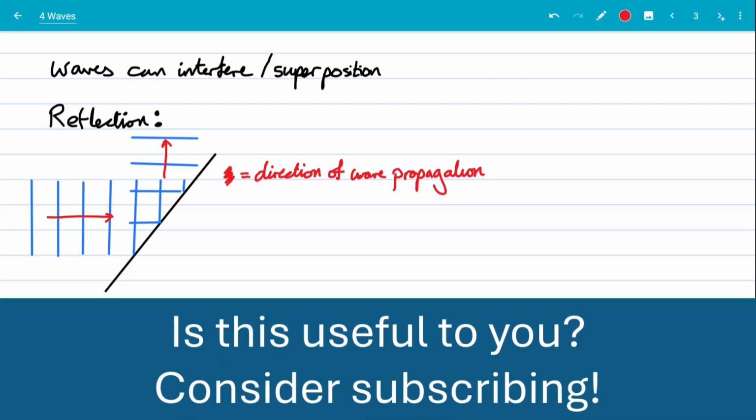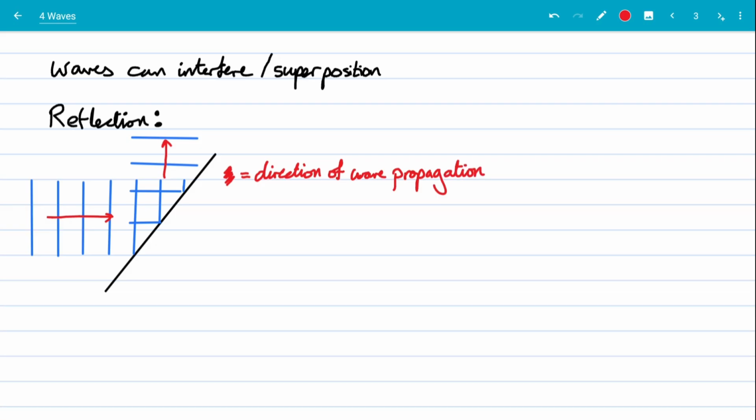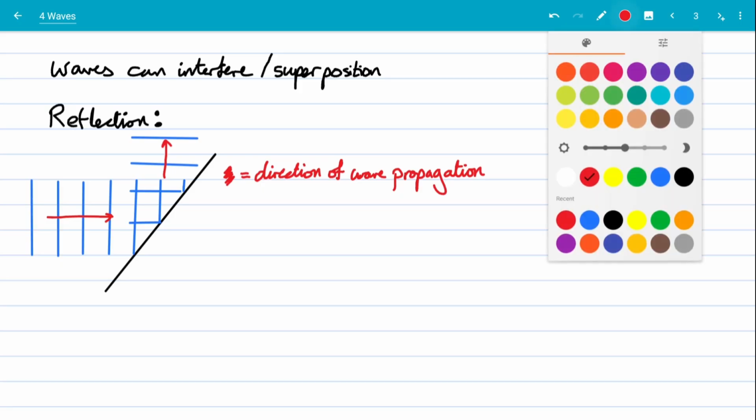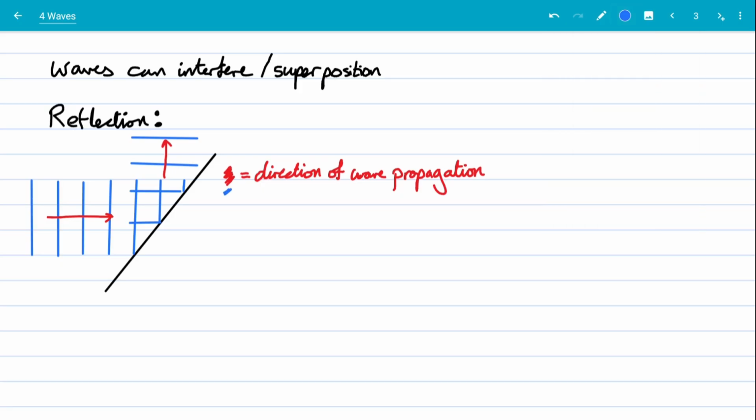Propagation of a wave just means sending the energy through that wave. And the blue ones, they're going to be our wave fronts in this little key, which we're defining as points with the same phase, or a constant phase difference. So same phase, such as all the crests, all the troughs, or all the points 30 degrees.